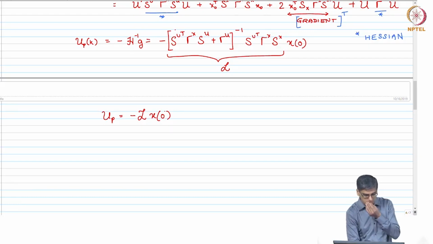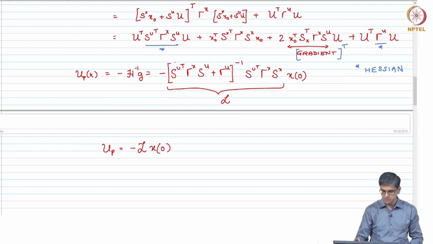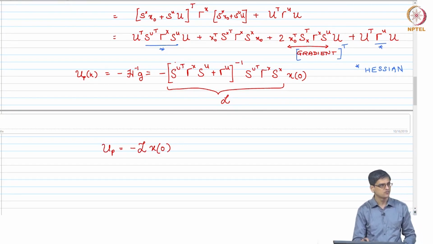Okay. Now, if you substitute the L that you get over here into this equation, okay, you will basically see that your objective function is a quadratic function of x naught. Okay.